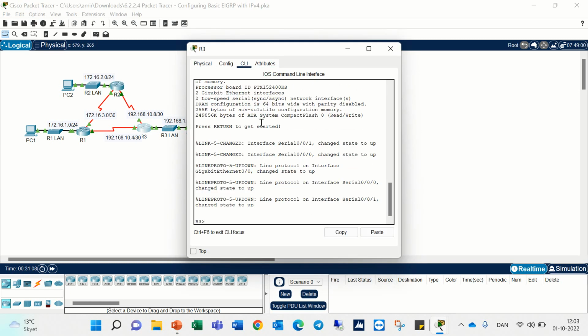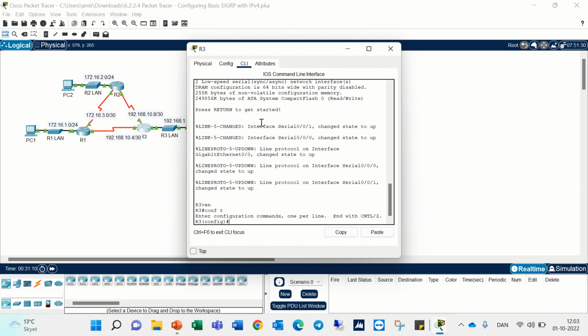And go to router 3, enable and configure terminal.